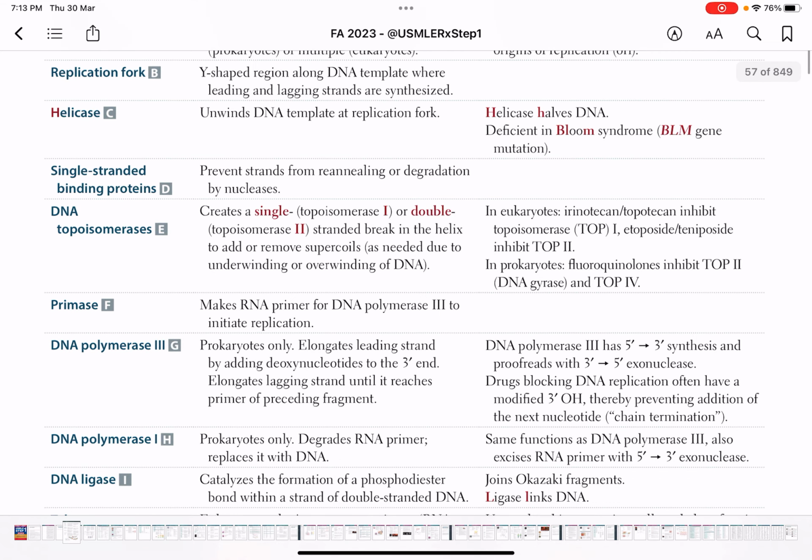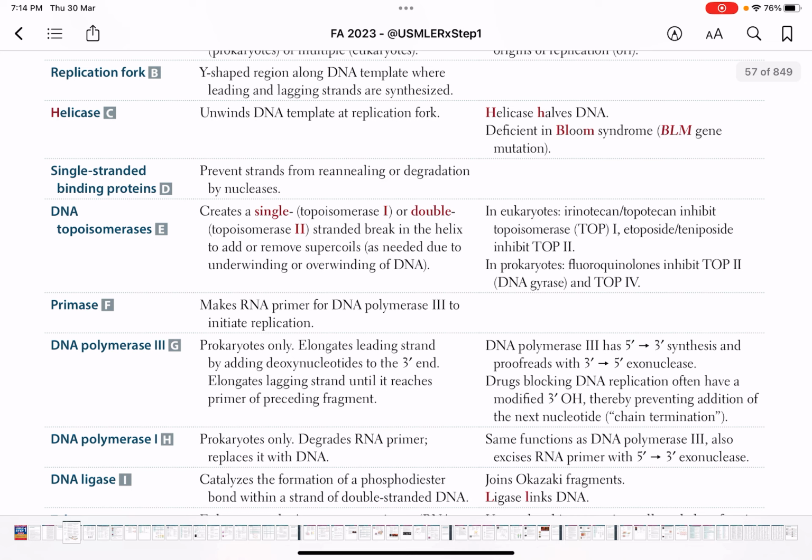Next is DNA topoisomerase, which creates a single or double-stranded break in the helix to add or remove supercoils due to unwinding or overwinding of the DNA. In eukaryotes, irinotecan and topotecan inhibit topoisomerase 1, and etoposide and teniposide inhibit topoisomerase 2. In prokaryotes, fluoroquinolones inhibit topoisomerase 2 and topoisomerase 4.